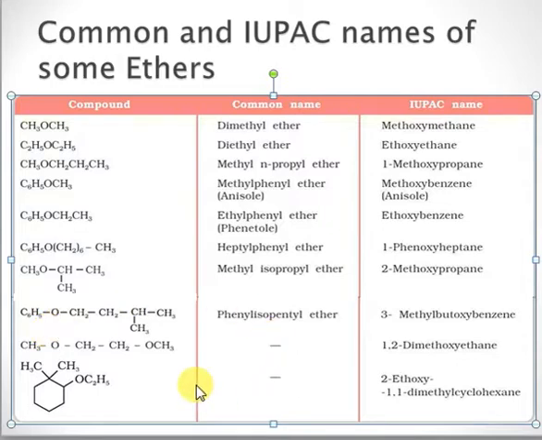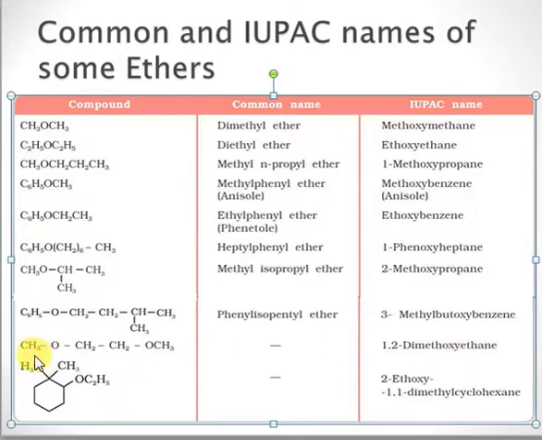So in case of that, we have 1,2-dimethoxy, because one methoxy is attached to carbon number 1 here and the other methoxy is attached to carbon number 2 here. So this will be 1,2-dimethoxy, and then we have the alkane here. So this will be ethane. So the name for that will be 1,2-dimethoxyethane.